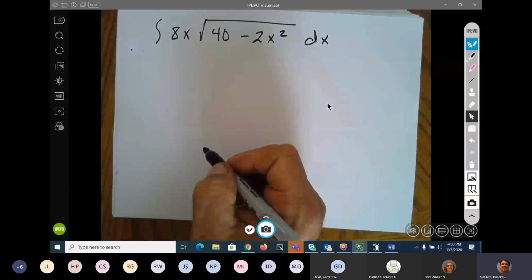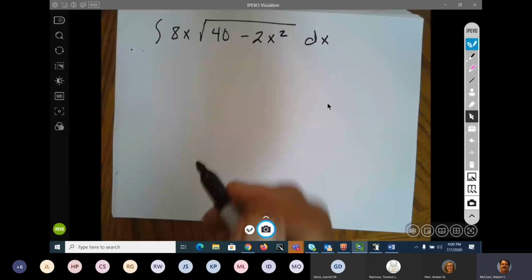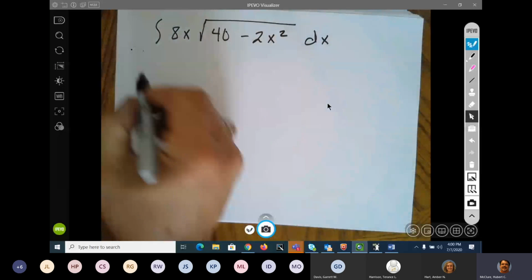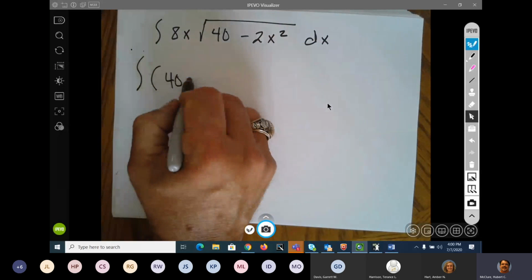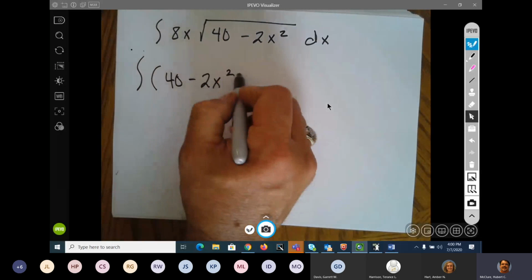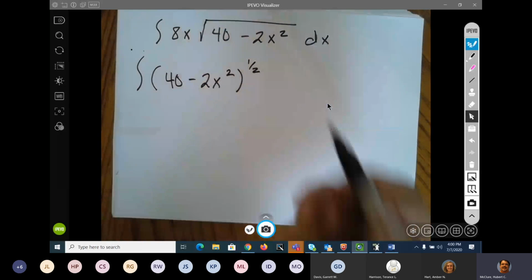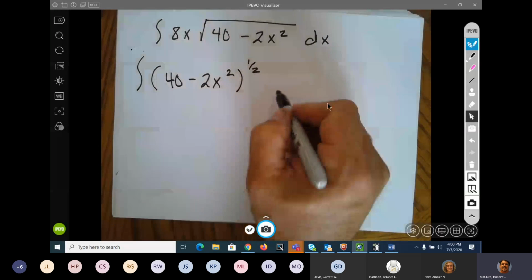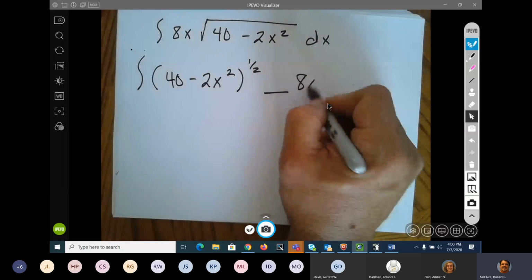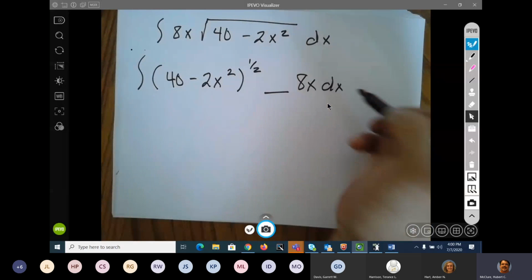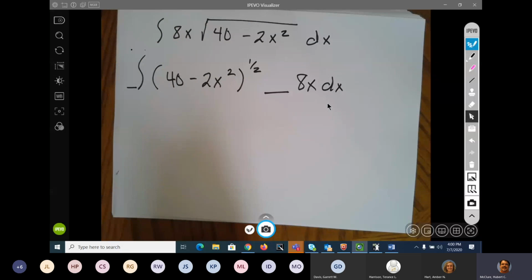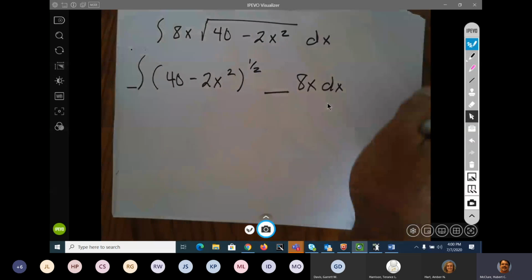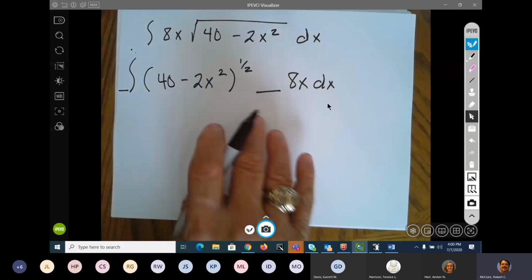The first thing I'm going to do is rewrite it, doing two things. I'm going to rewrite using 40 minus 2x squared to the 1/2 power, and then blank, 8x dx. Put a blank here. Everybody with me? Now everybody should be able to do this. Okay, make me proud, all right?